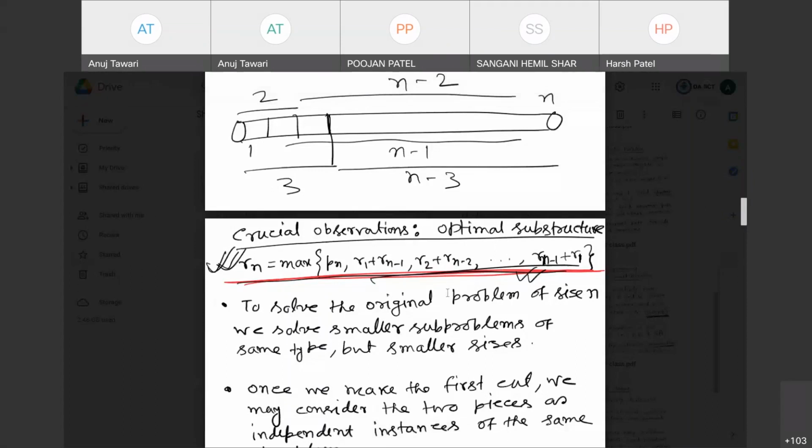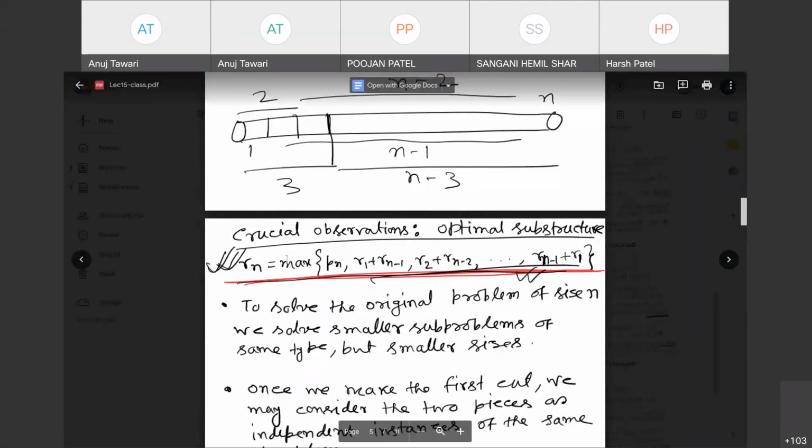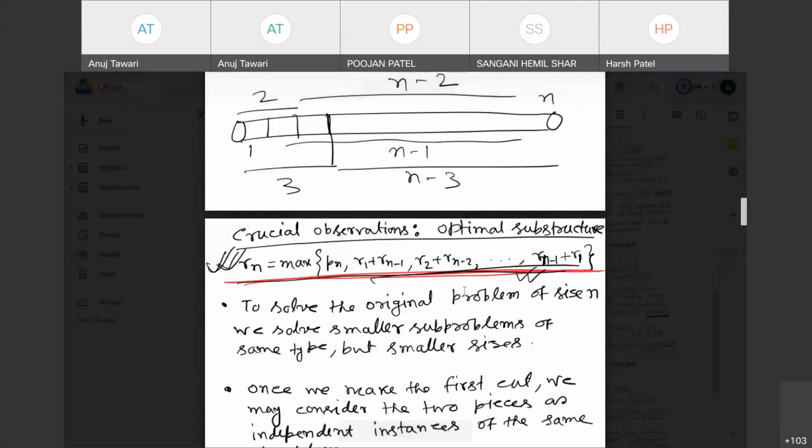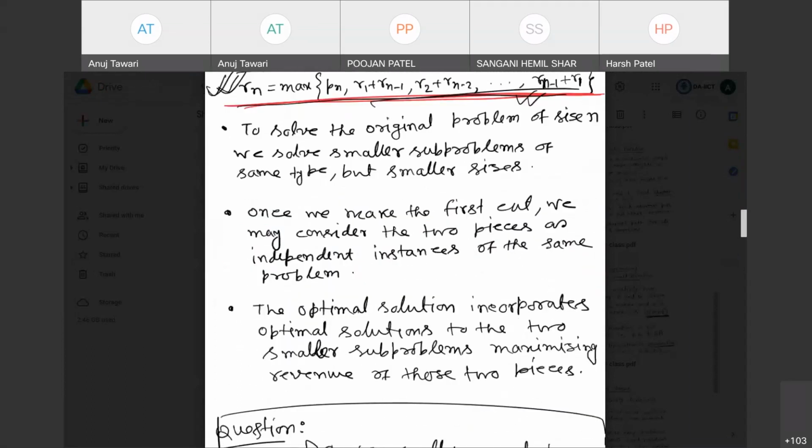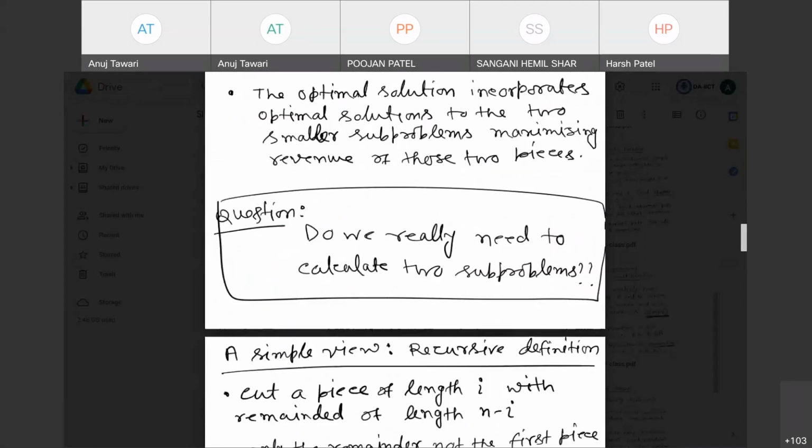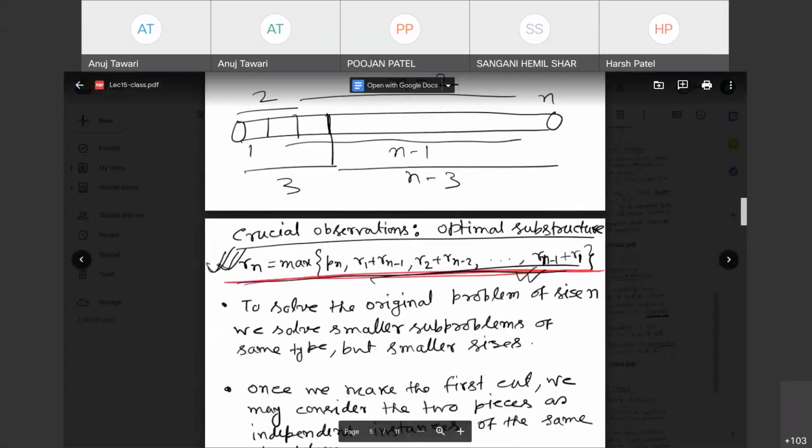Okay, so again it's exponential because you need to solve these two subproblems, one of which is almost equal to this R. So you can easily construct the recursion for this step. Do we really need to calculate these two subproblems of different length?